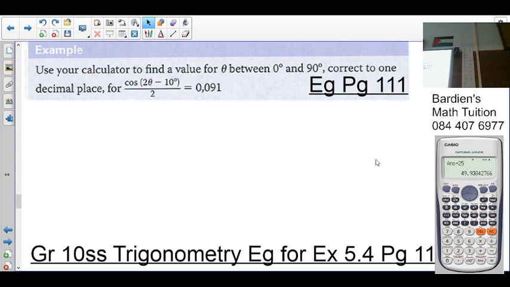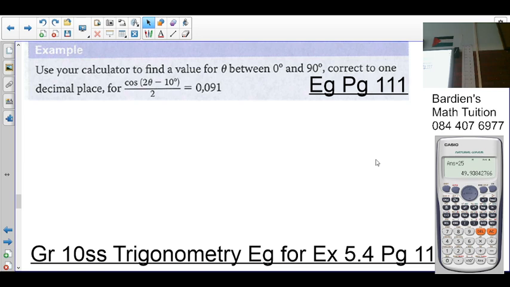The question reads, use your calculator to find the value of theta between 0 and 90 degrees, correct to one decimal place, for cos of (2 theta minus 10) divided by 2 is equal to 0,091. So the question is, is the trig ratio on its own? So what do we have to do first? Times by 2 on both sides.